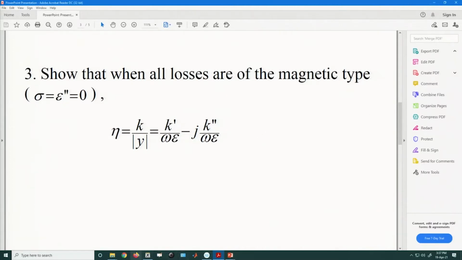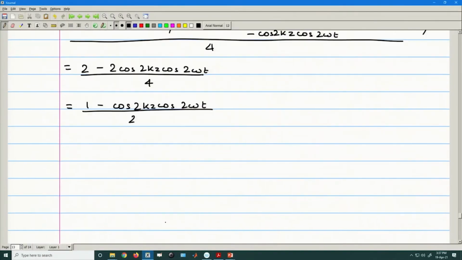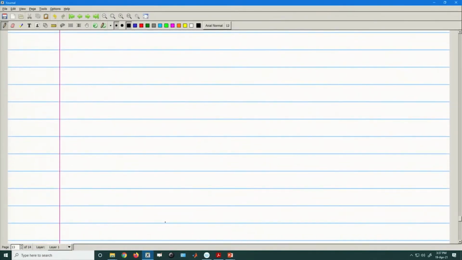So, let us start solving this. Since this is of the magnetic type, we are given that sigma equals epsilon double prime equals 0.